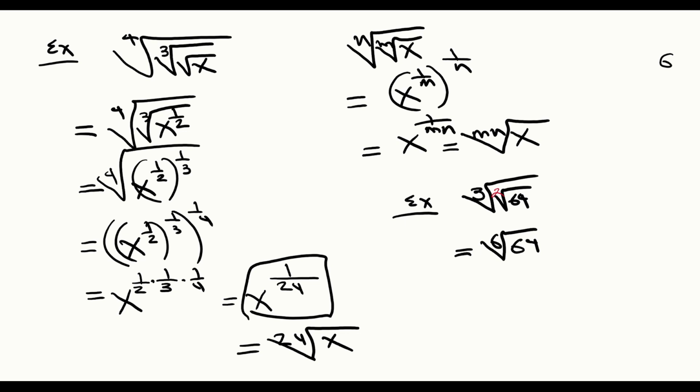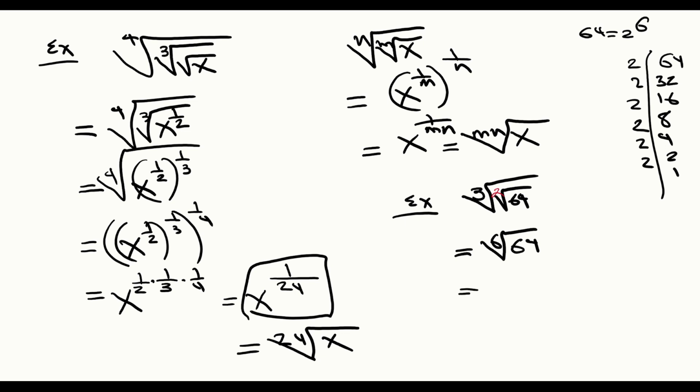And if you remember, 64, if you break it down, gives you 2, 32, 2, 16, 2, 8, 2, 4, 2, 2, 2, 1. So 64 is 2 to the 6, right? So we end up with 2. What number do you raise to the power of 6 to get 64? 2. And that's how you do it.